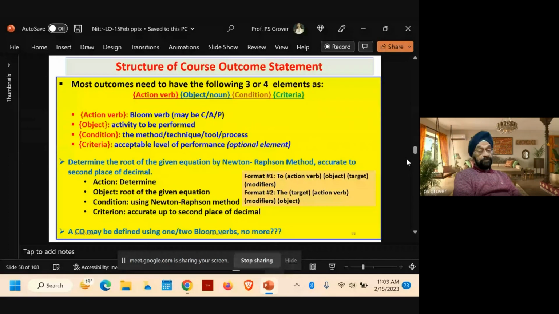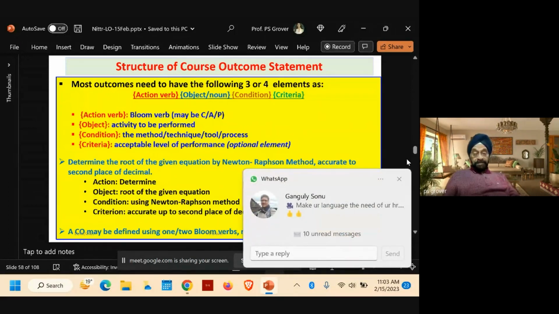Root can be found by various methods. I have put a condition: use Newton-Raphson method. Then I have also put a constraint, the criterion: accurate up to second place of decimal.